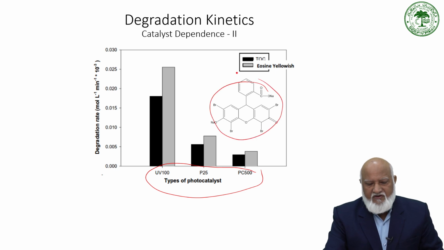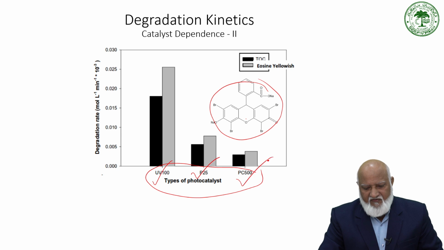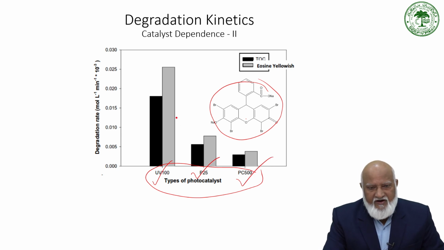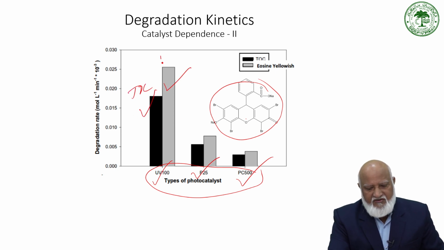We have also tested the results for these three different samples of titanium dioxide for this particular dye, the degradation of this dye with the UV100, Degussa P25 as well as PC500, and you can see that in this particular case UV100 is found to be much better for both degradation as well as mineralization. This is TOC and this is UV.